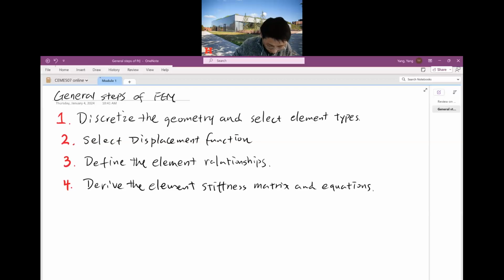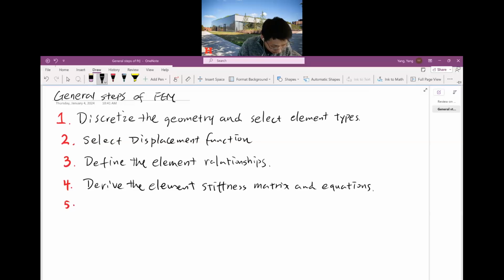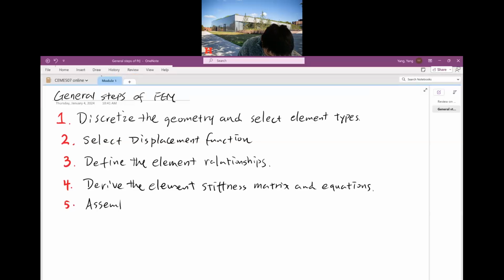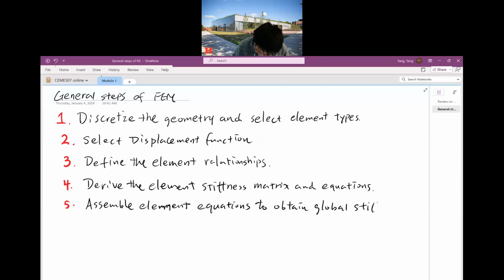So this is the fourth step, and the fifth step, we assemble element equations to obtain global stiffness matrix.